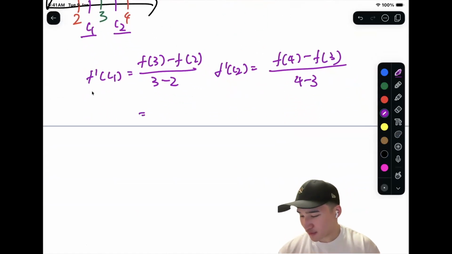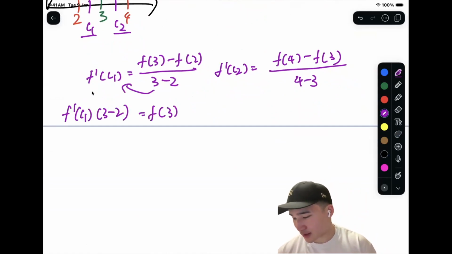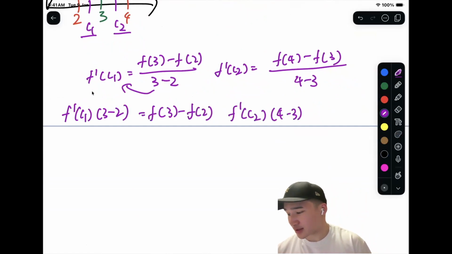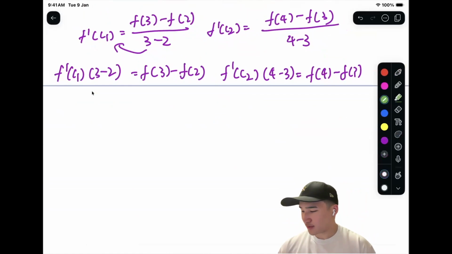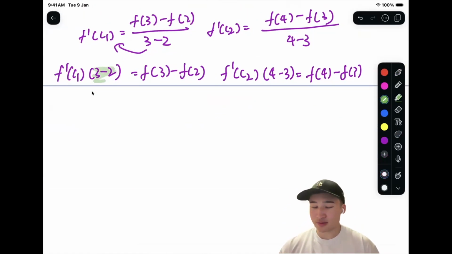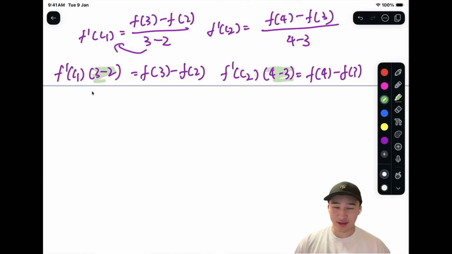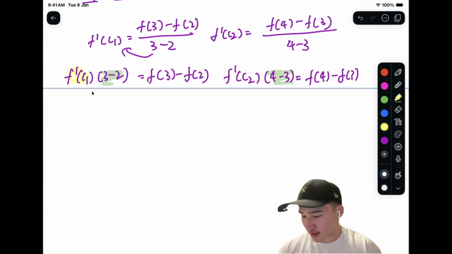First, let's move things over. F prime C1 times 3 minus 2 is equal to F3 minus F2. Same here: F prime C2 times 4 minus 3 is equal to F4 minus F3. We know that 3 minus 2 equals 4 minus 3, which is 1. But here is where the difference is.